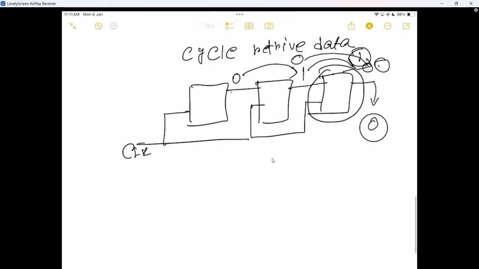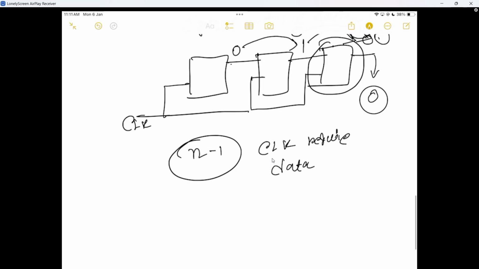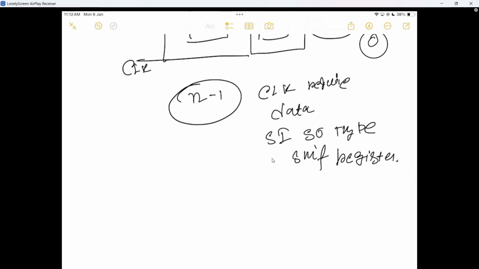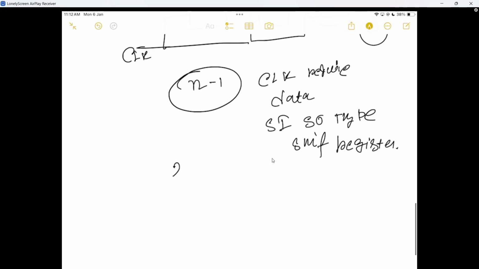So a total of n minus 1 clocks are required to retrieve the data in a serial out type of shift register. So the total clock cycles required for storing and retrieving the data is n plus n minus 1, that is 2n minus 1.